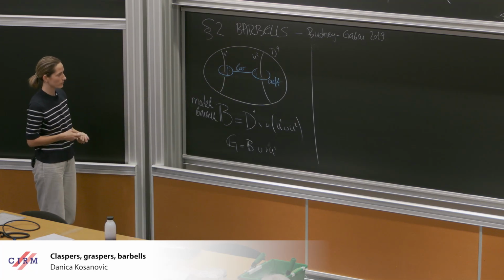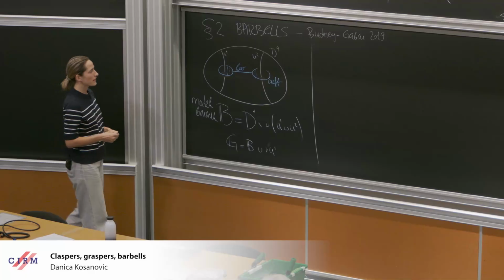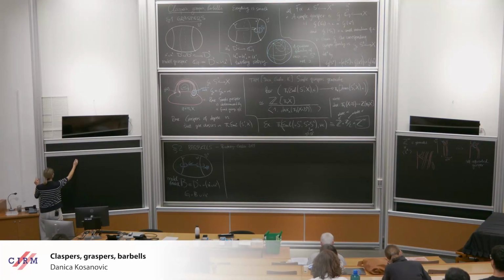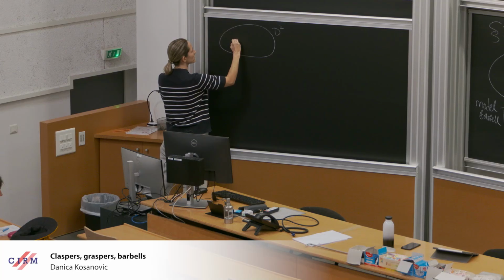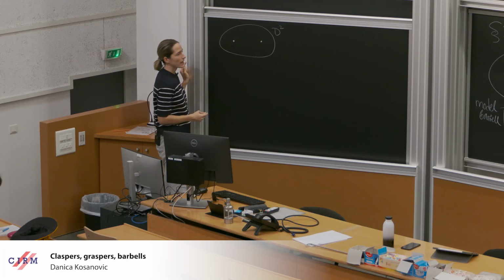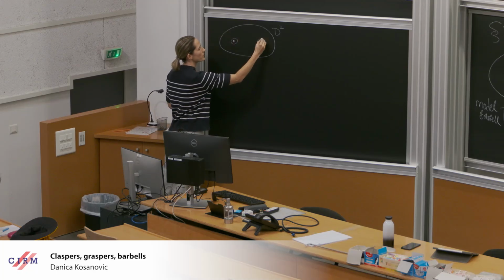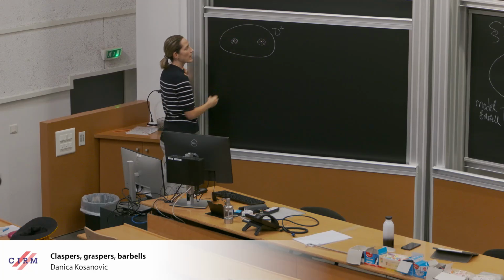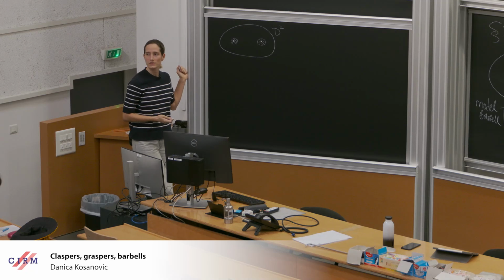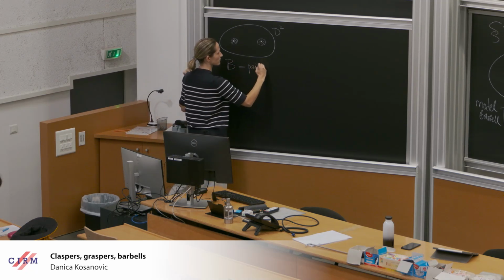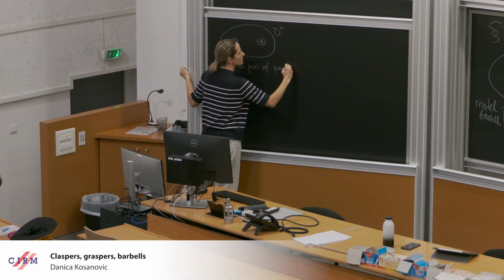Because what turns out is that if you think about this, well, think in a lower dimension. Maybe I draw it actually here. What we're doing in really low dimension, 2, right? If this is D2, U1 and U2 would be points, and their neighborhoods would be little disks around. So we remove these, and the barbell is this pair of pants.